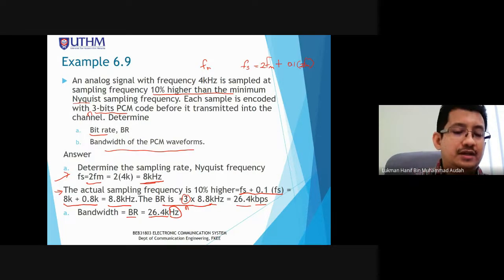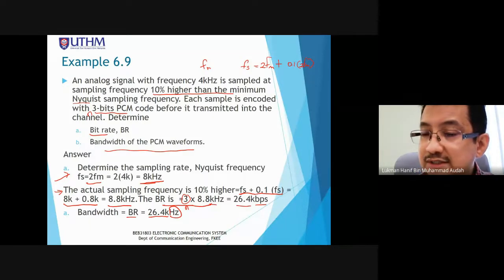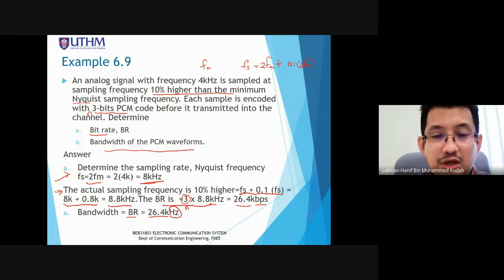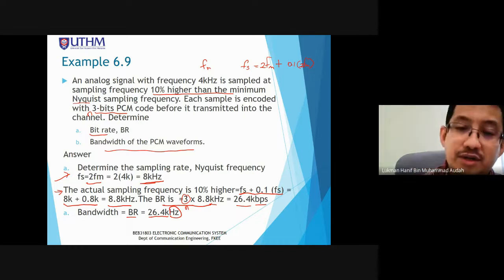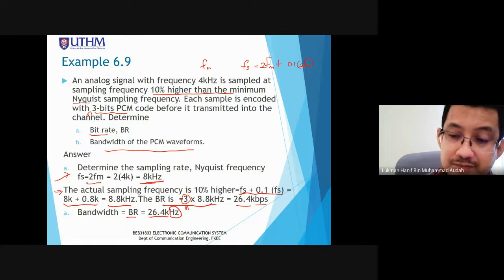So tadi kita dah lihat sampling process, quantization process, and also the encoding process where we produce a PCM code word. Okay, kita menghasilkan PCM code word.